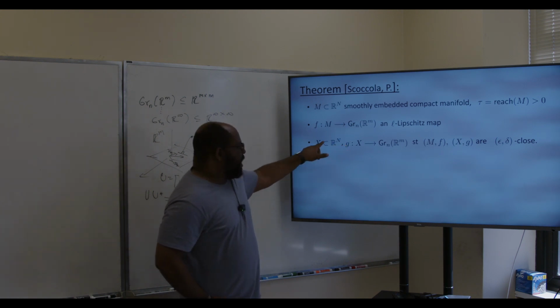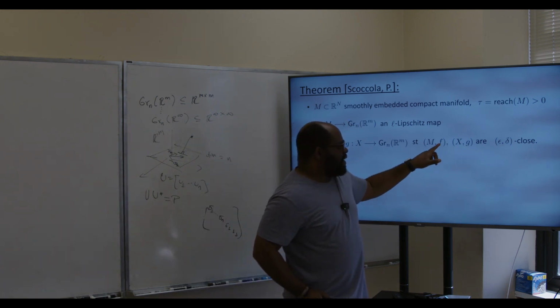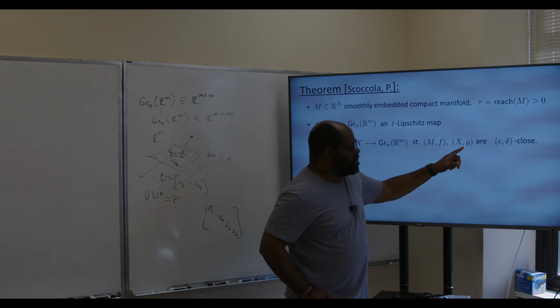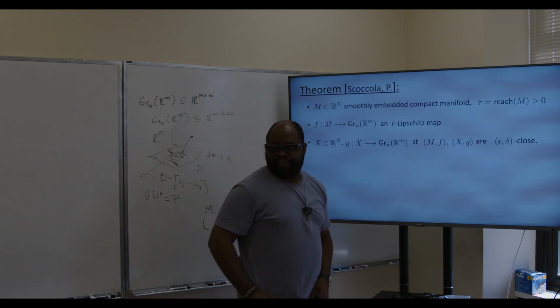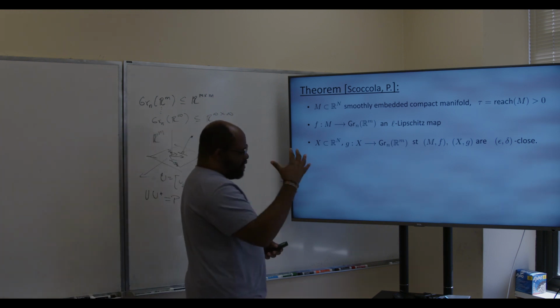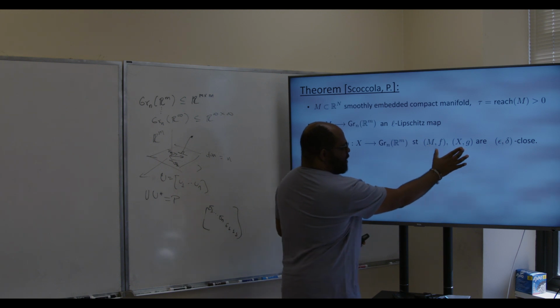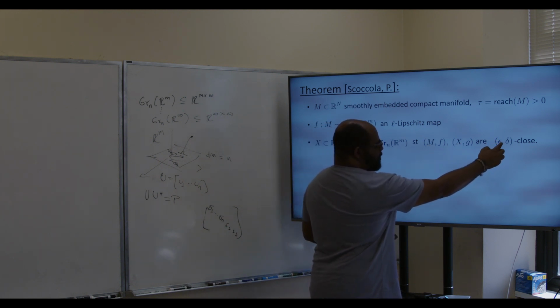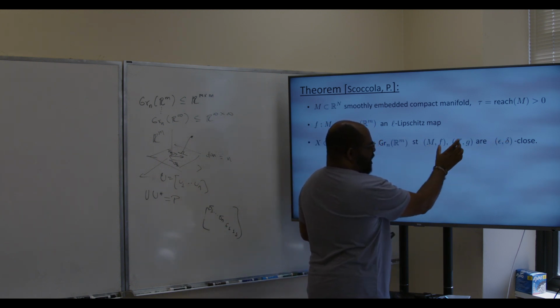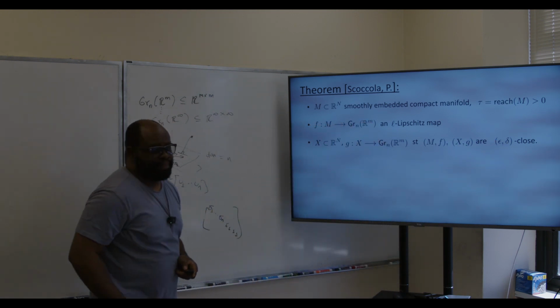X approximates M in terms of epsilon, and G approximates F in terms of delta. If you want the details, I'm thinking of X and M as being epsilon close in Hausdorff distance, and G and F as being delta close in L infinity distance.